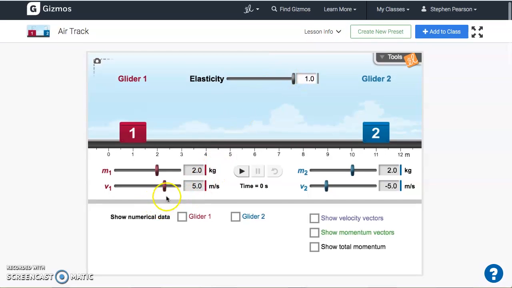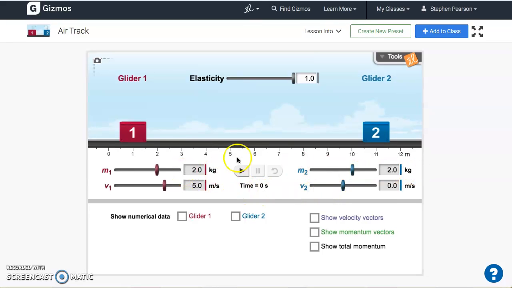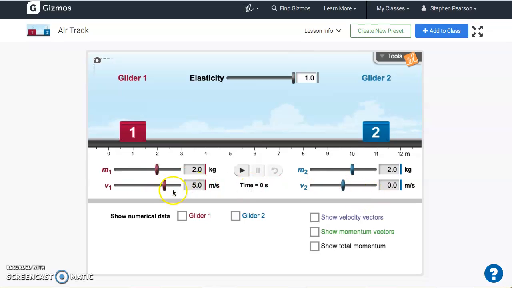A really good example of this is, let's say I put my masses the same, I put the mass of the gliders equal to each other. I put the velocity of one of them at 0, and we'll leave the velocity of the other at 5.